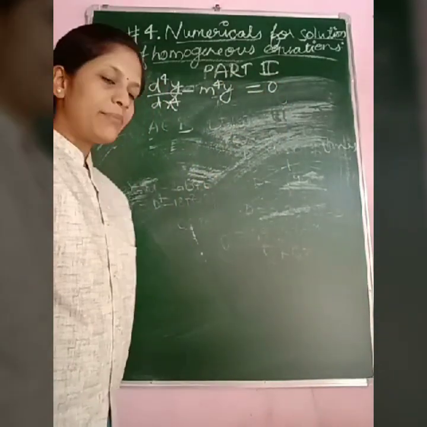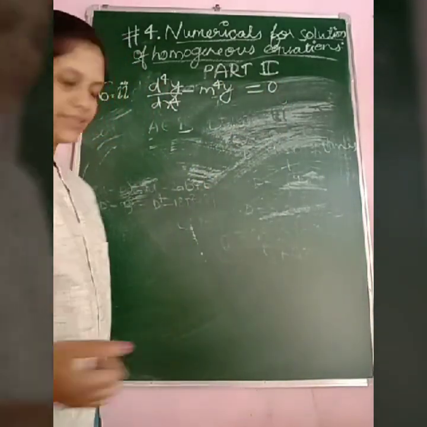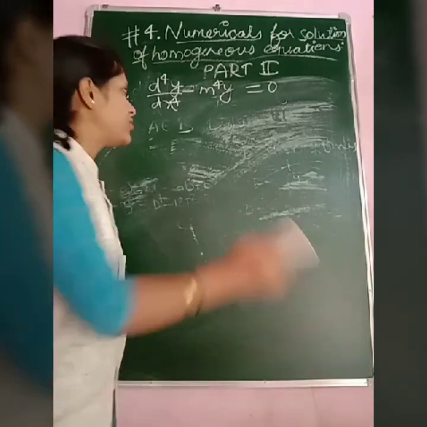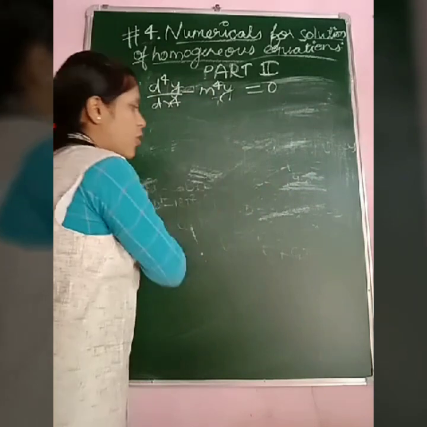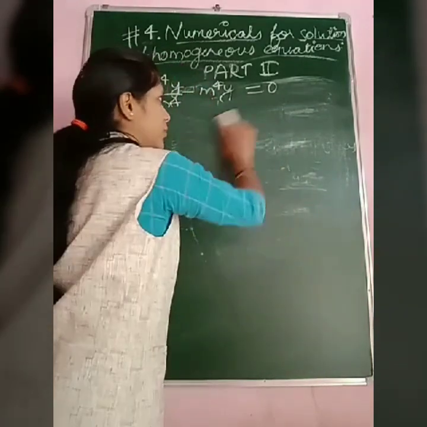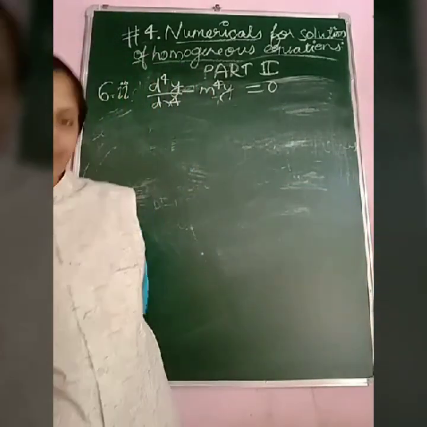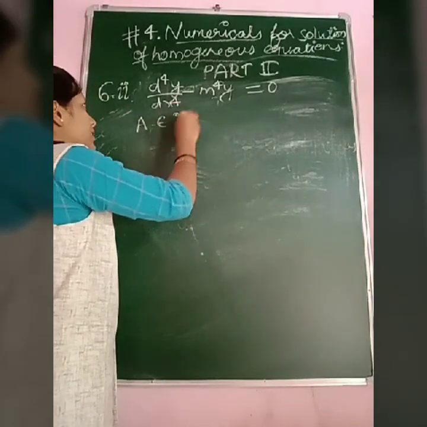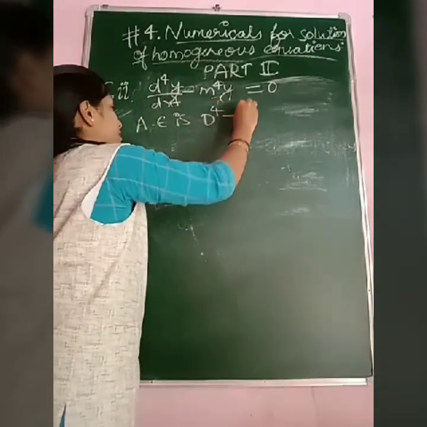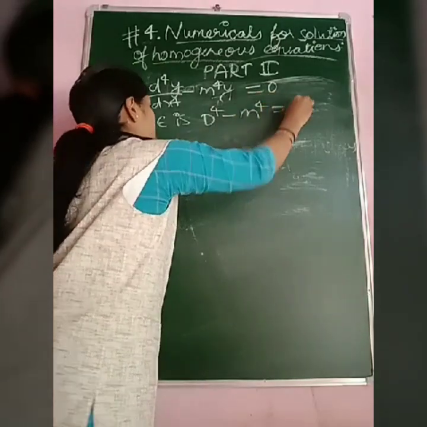So again the same thing. As soon as we see the question, we understand it is a homogeneous linear differential equation. So let us consider the auxiliary equation: D raised to 4 minus m raised to 4 equal to 0.